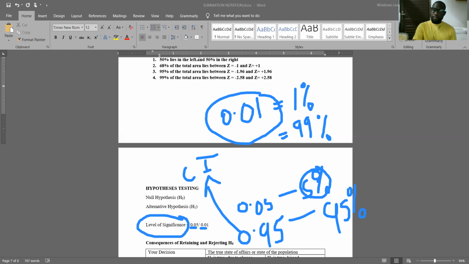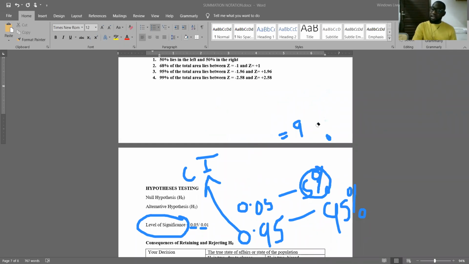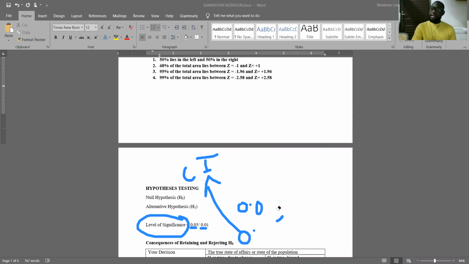All right. So in most situations, researchers go in there to either accept or reject H0, the null hypothesis.